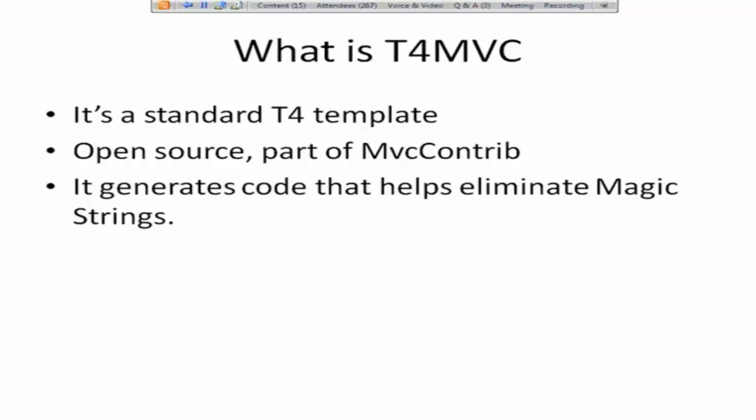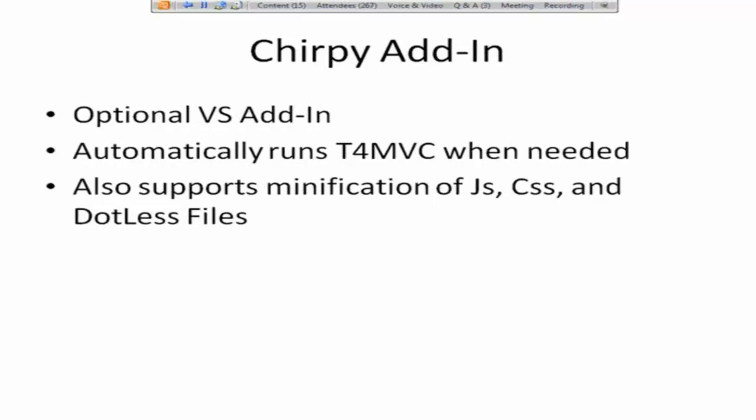The other piece I'd like to talk about briefly is a little VS add-in called Chirpy, which is another Codeplex project. It's a nice little add-in which does multiple things, but one that is relevant to this discussion is that it runs T4 MVC automatically when it needs to. So say you make a change to your controller and save it, boom, it will regenerate the underlying code to match that.